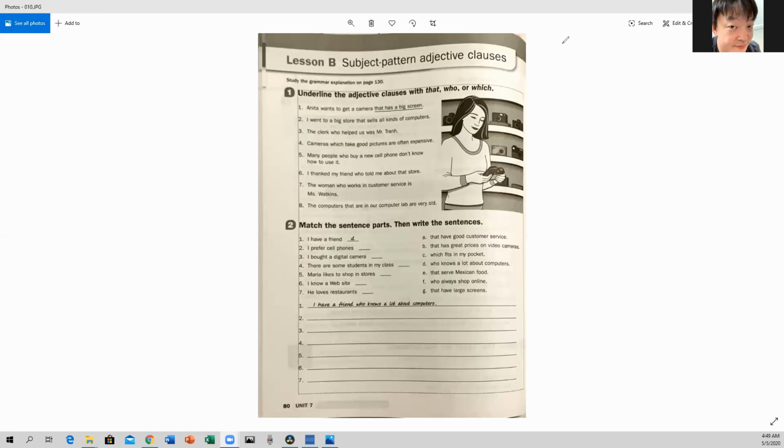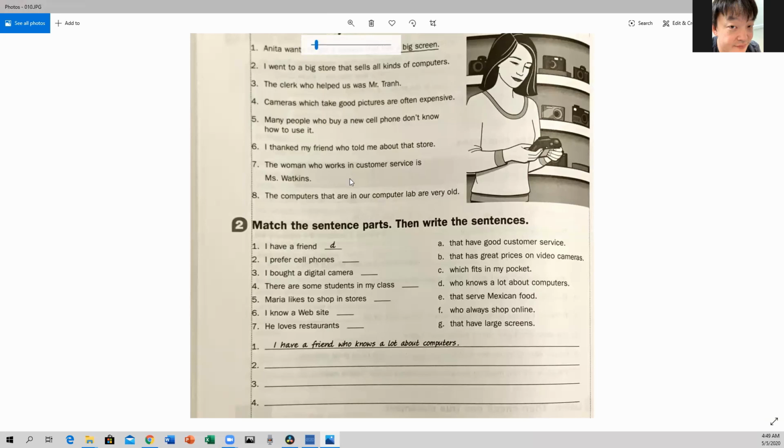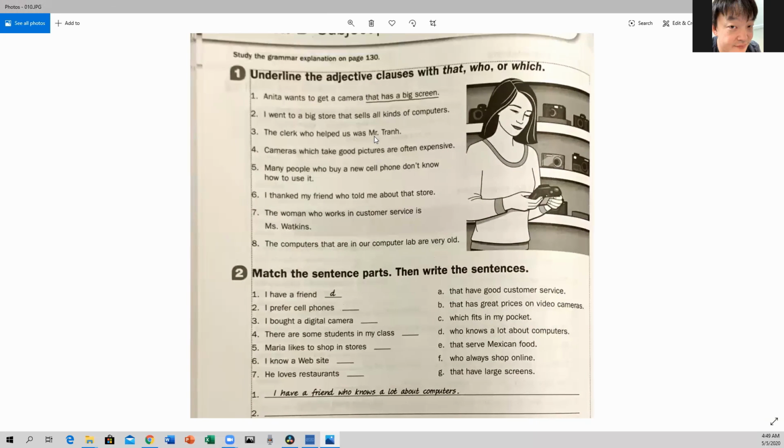First, we are going to focus on exercise 1, and I want this first part to function as a review. So don't worry, we are going to work on this together. Go to exercise 1. Underline the adjective clauses with that, who, or which.